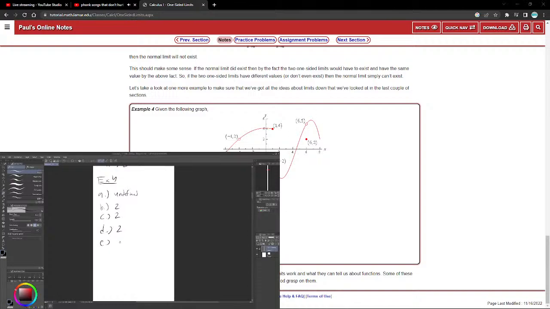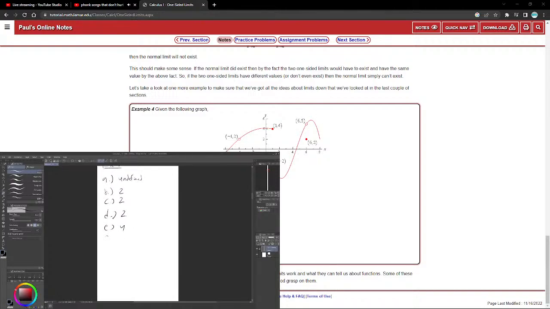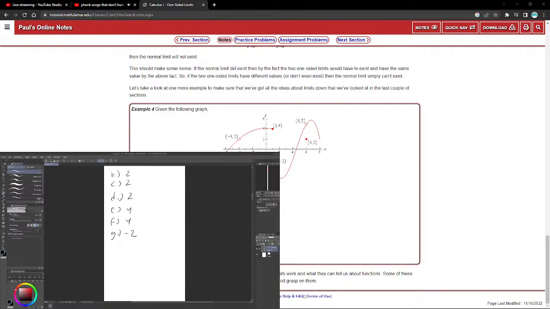It's 4. F. Limit of f of x as x approaches 1 from the left. It's approaching 4. The limit of f of x as x approaches 1 from the right. It's approaching -2. Guessing the next one's going to be it does not exist. The limit of f of x as x approaches 1 does not exist here.